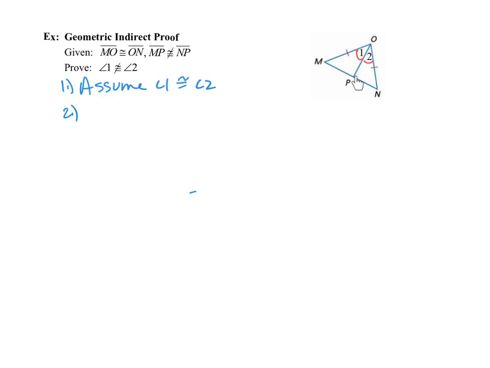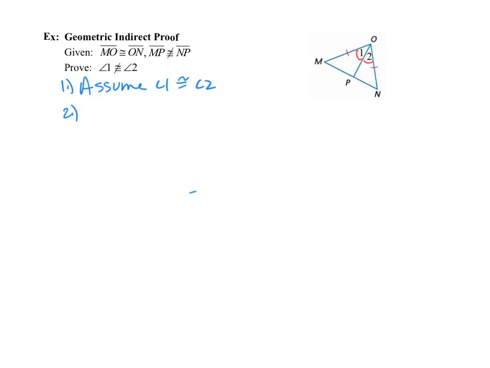So if we assume that angle 1 is congruent to angle 2, and we have this pair of sides congruent and the side they share, these two triangles would be congruent by side, angle, side. Which leads to our contradiction, because if the two triangles were congruent, then side MP would have to be congruent to side PN by CPCTC, and that contradicts this part of the given. So once we reach that contradiction, we're done.